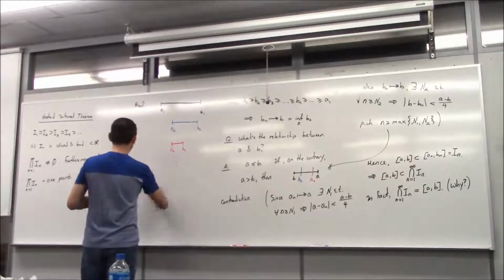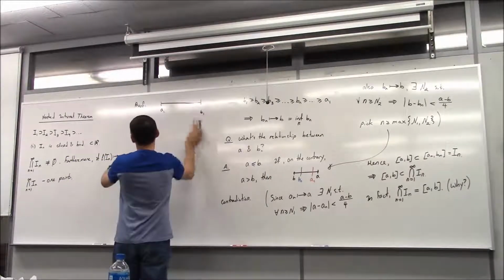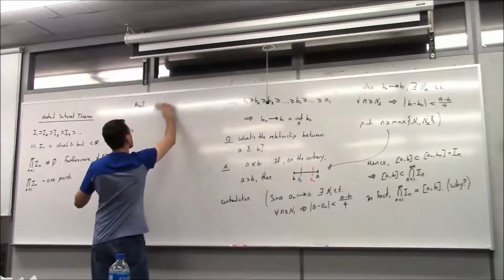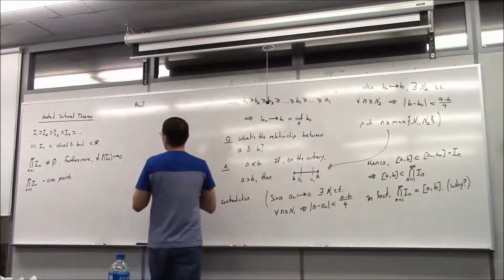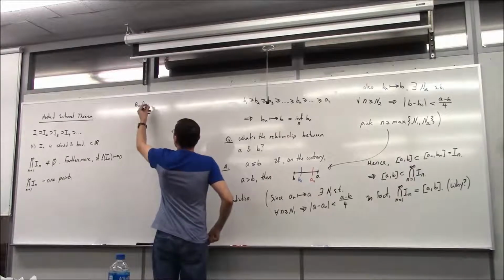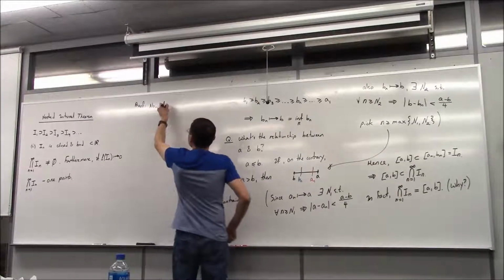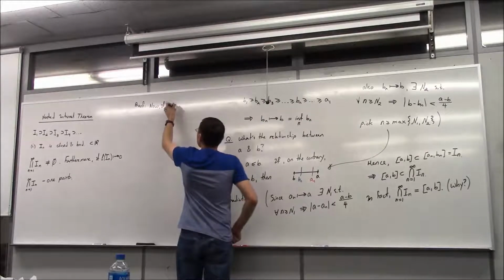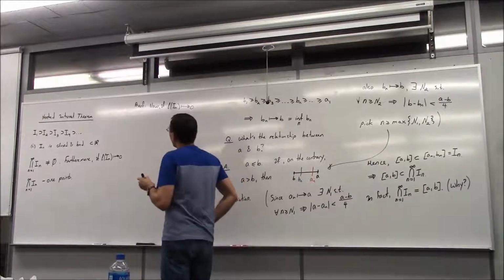So now let's adjust and say that the length is approaching 0. Now if the length of In goes to 0, what does it imply?